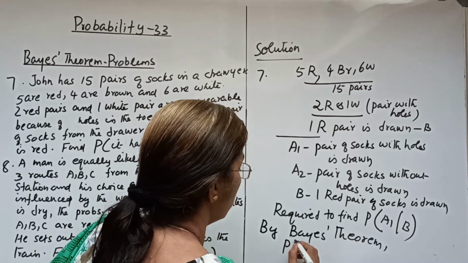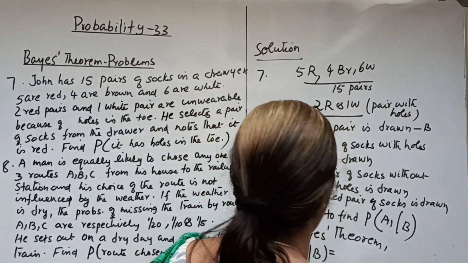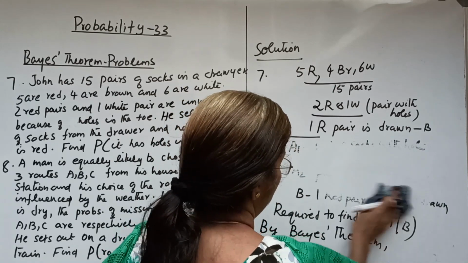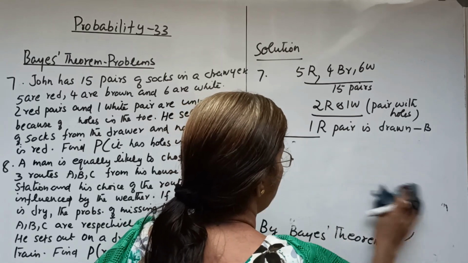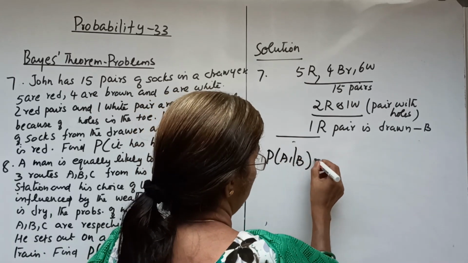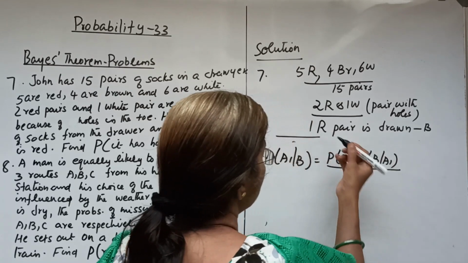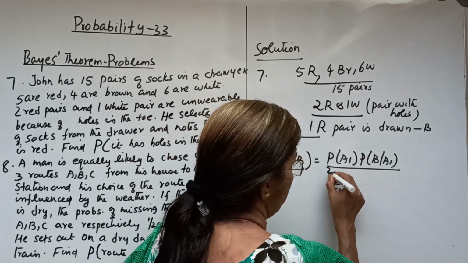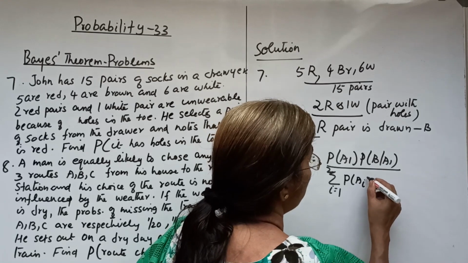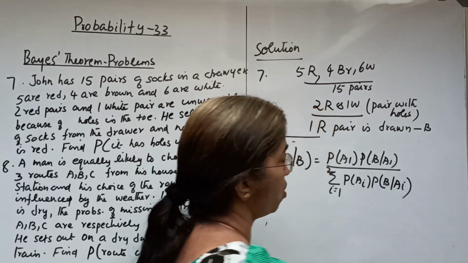Okay, the result is by Bayes theorem. We have P of A1 given B equal to P of A1 intersection B divided by P of B. So let me write here, P of A1 given B equal to P of A1 into P of B given A1, divided by, as there are two alternatives A1, A2 that are mutually exclusive and exhaustive, P of B equal to sigma i equal to 1 to 2 P of Ai intersection B, so that sigma i equal to 1 to 2 P of Ai into P of B given Ai.